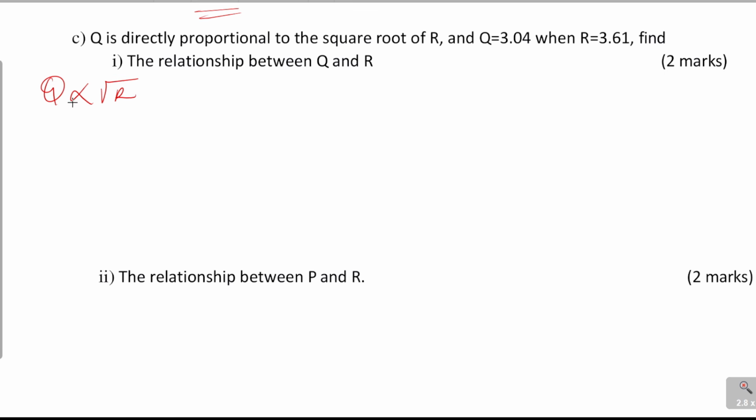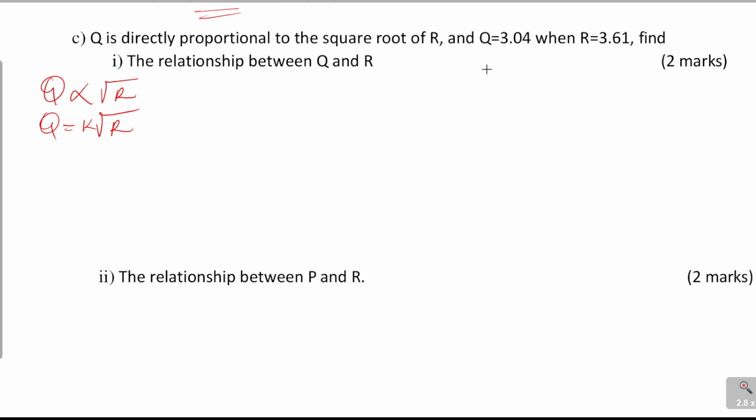And then you remove this sign of proportionality, introduce a constant. I will let the constant to be K. So this is the root of R. Then from there, Q is equals to K root of R.